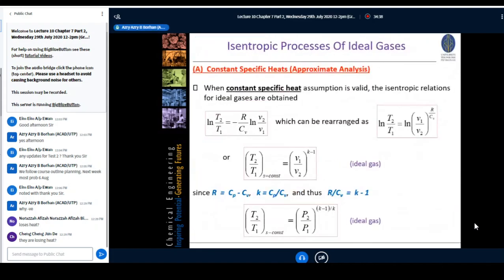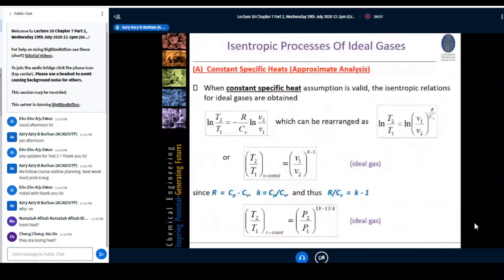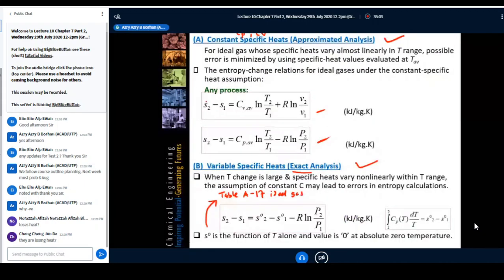Now, what happens if the gas undergoes an isentropic process? Coming back to the constant specific heat method, this equation over here and these two equations: for isentropic, delta S is equivalent to 0.